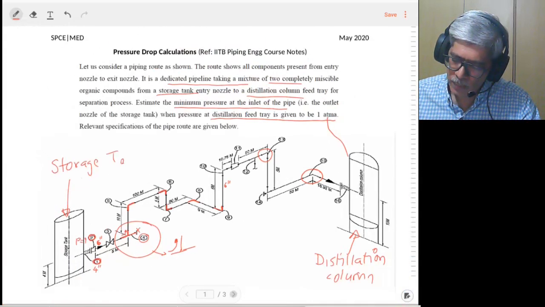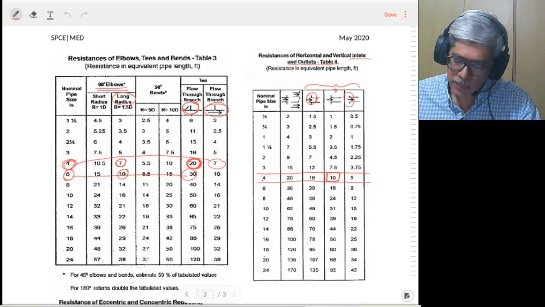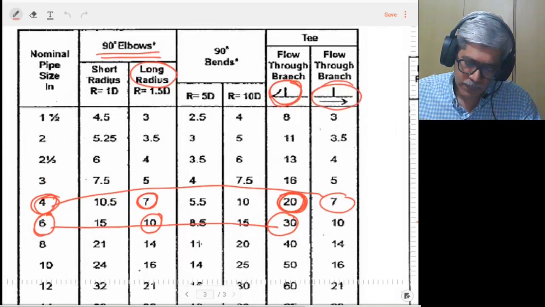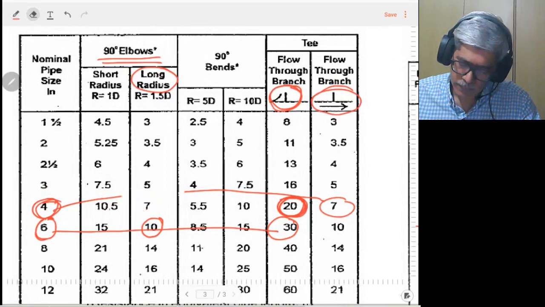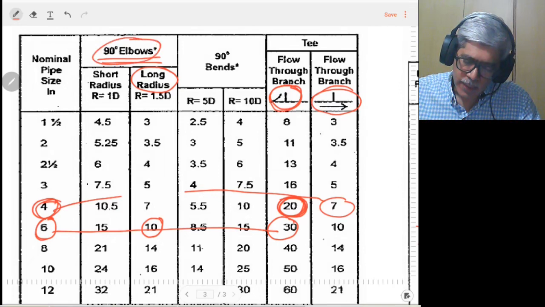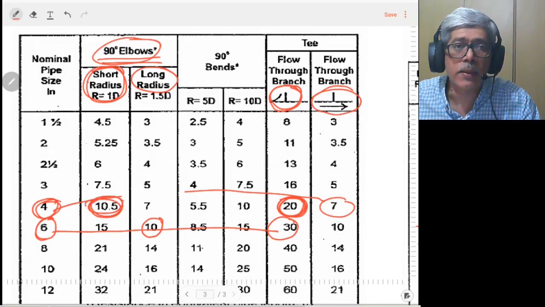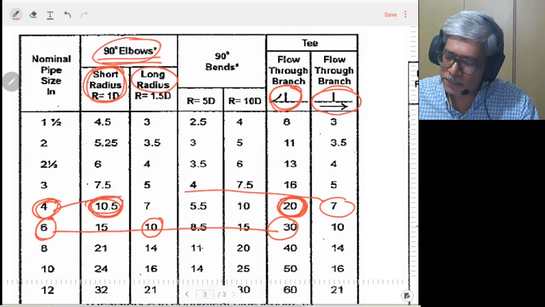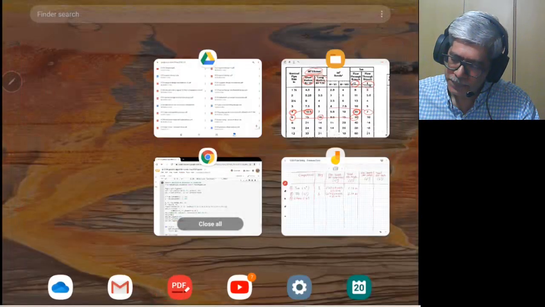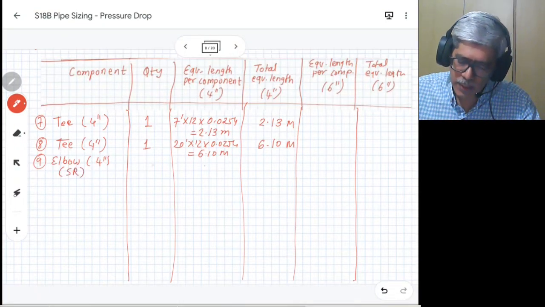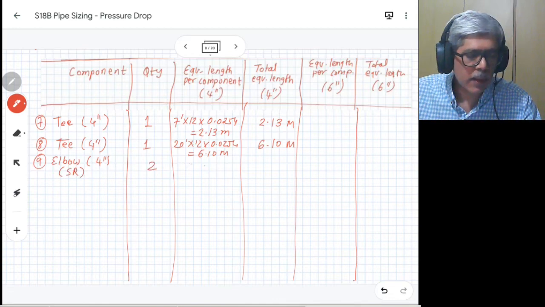So we'll go to the table corresponding to elbows. So we have 90-degree elbows, short radius. For short radius 4-inch elbows, we have equivalent length which is 10.5 feet. These elbows are short radius, and they are two in number.